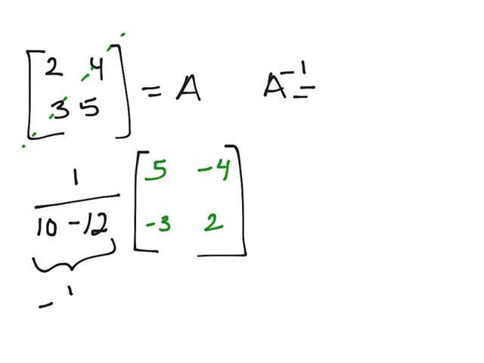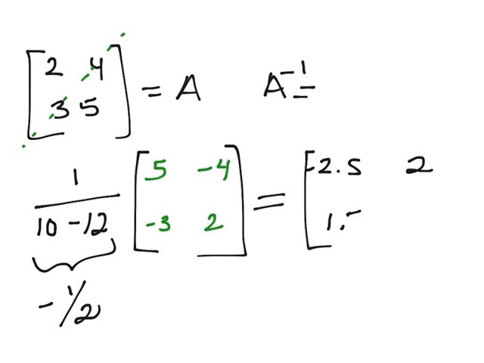This scalar is negative a half if we subtract 10 minus 12. And so negative a half of this matrix is equal to negative 2.5, 2, 1.5, and negative 1. And so this is equal to the inverse of A.